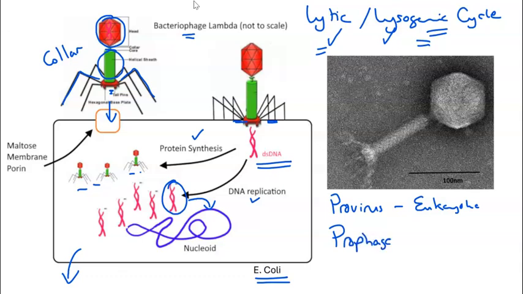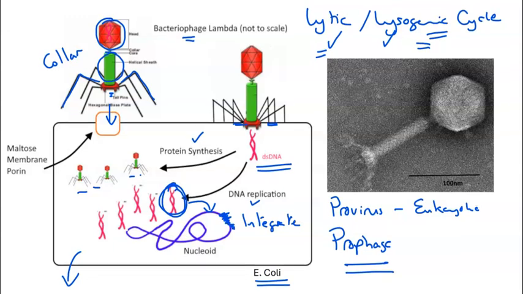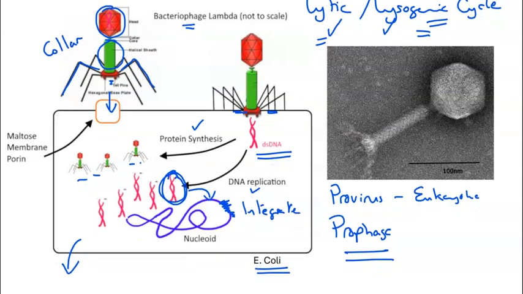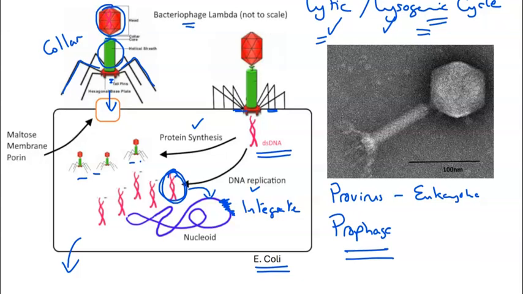And so once this piece of DNA here becomes integrated by integrase, of course, into the nucleoid, it is now known as a prophage. It would remain dormant there during the rapid cell division of E. coli, and in the process of doing so, it is also replicated before later entering the lytic cycle.